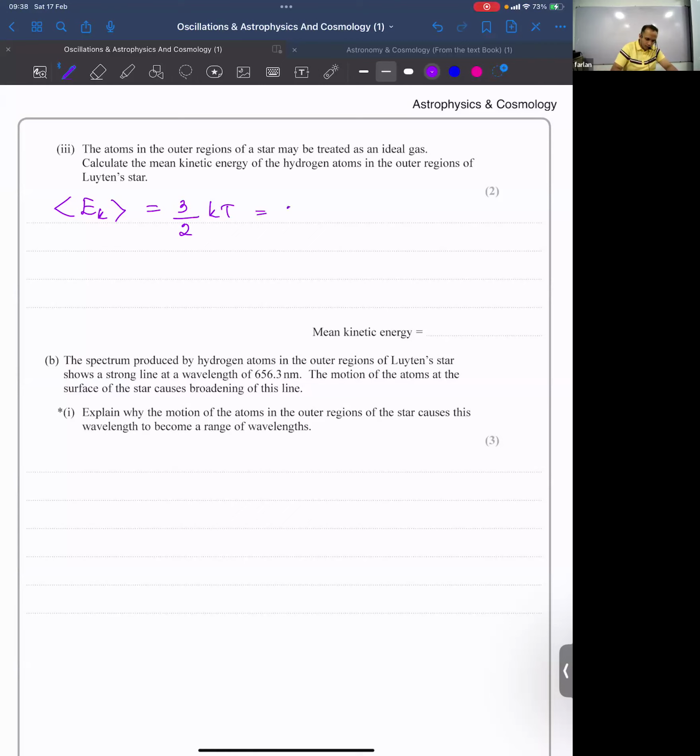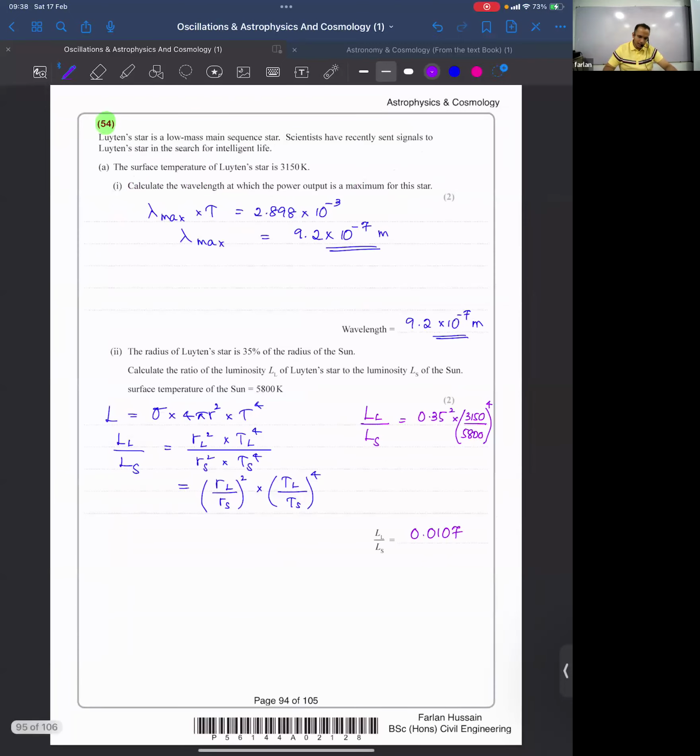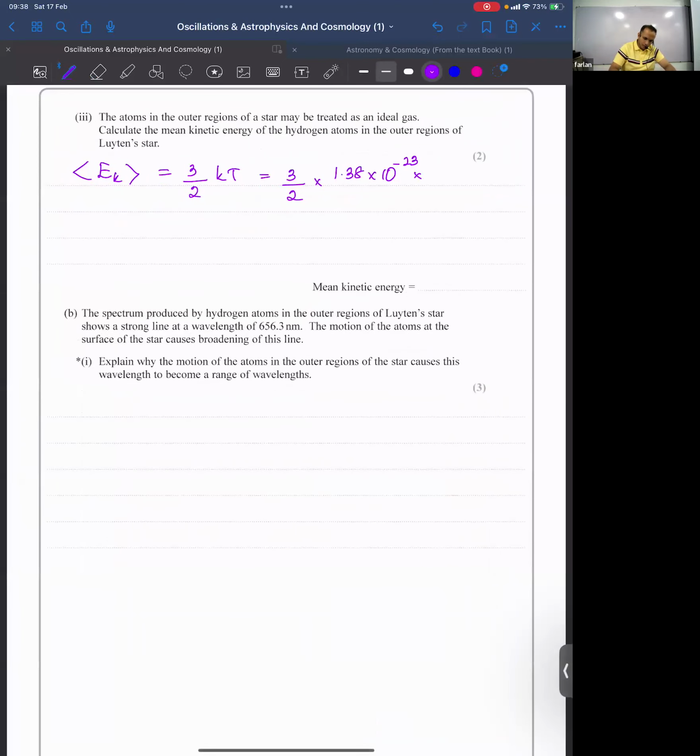So that will be 3/2 into 1.38 into 10 to the power minus 23 into T. Where are we finding this? Lightning star. In lightning star, the temperature is 3150. Okay, correct now?